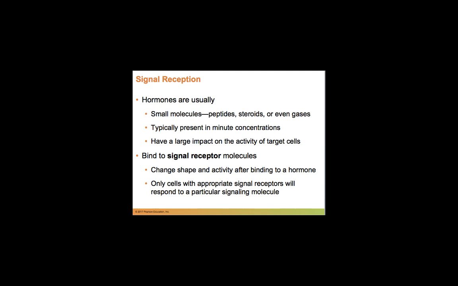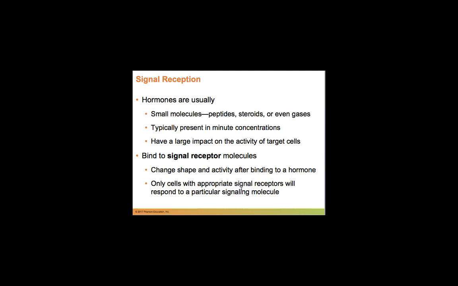So on its target cell, we're going to have a signal receptor. Our hormone will bind to that signal receptor. It may change its shape and activity after binding to a hormone, the target cell itself. Only cells with an appropriate signal receptor will respond to a particular signaling molecule. Right?